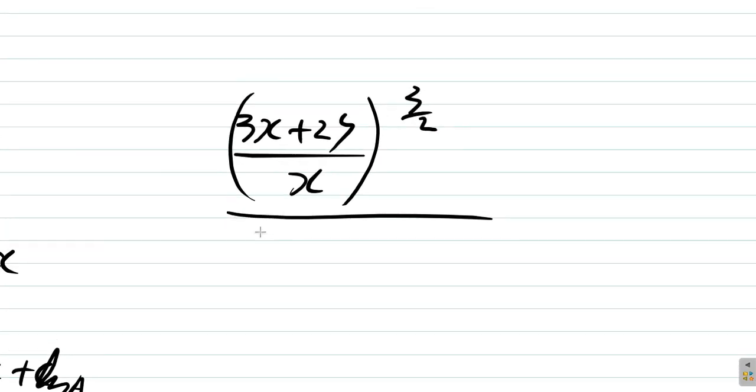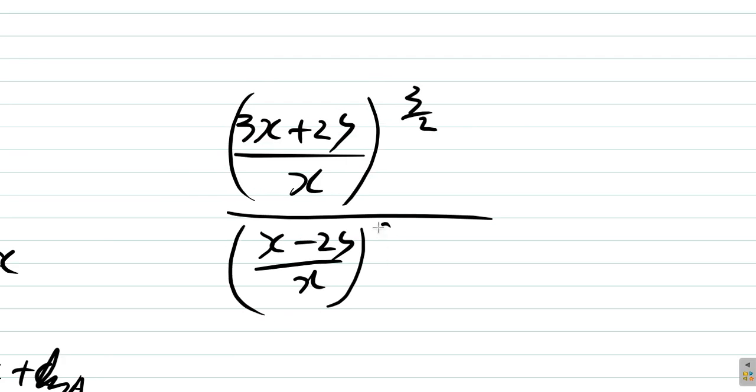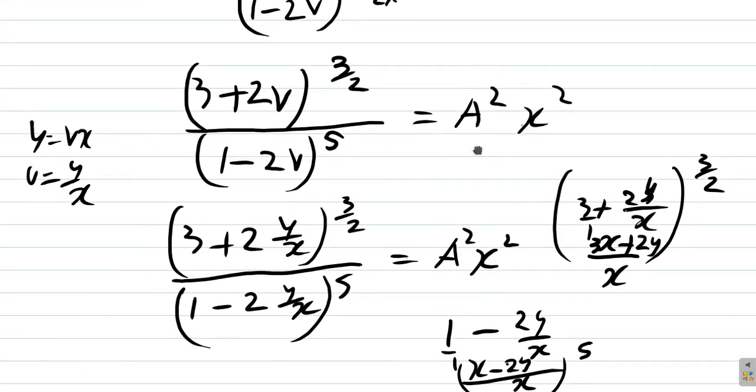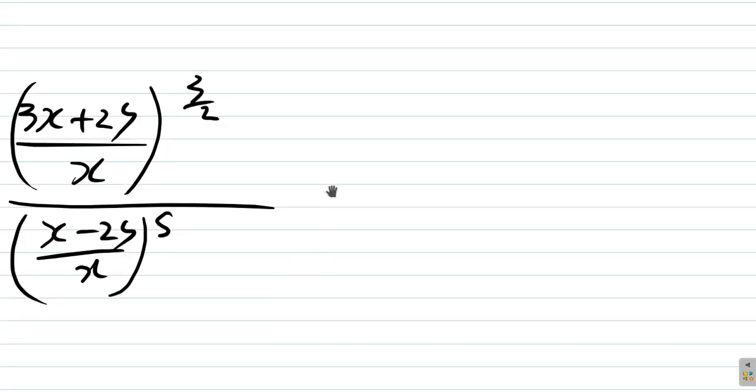So we have x minus 2y over x to the power of 5 equal a squared x squared. Well, a squared is just another constant, so just call it b, x squared.